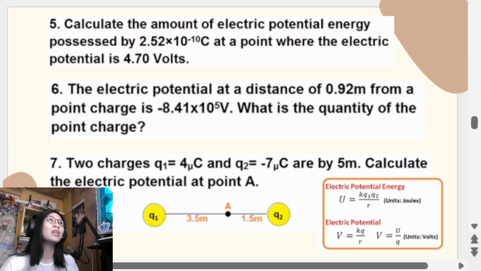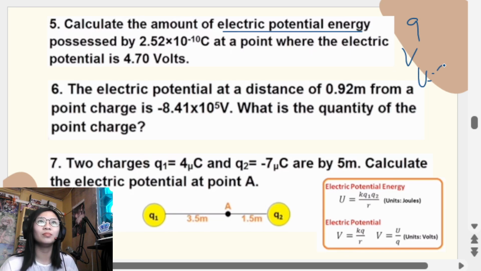The given has a charge and a potential, but what we are looking for is the electric potential energy, U. Therefore, you cannot use the electric potential energy formula, because we don't have another charge or a distance.